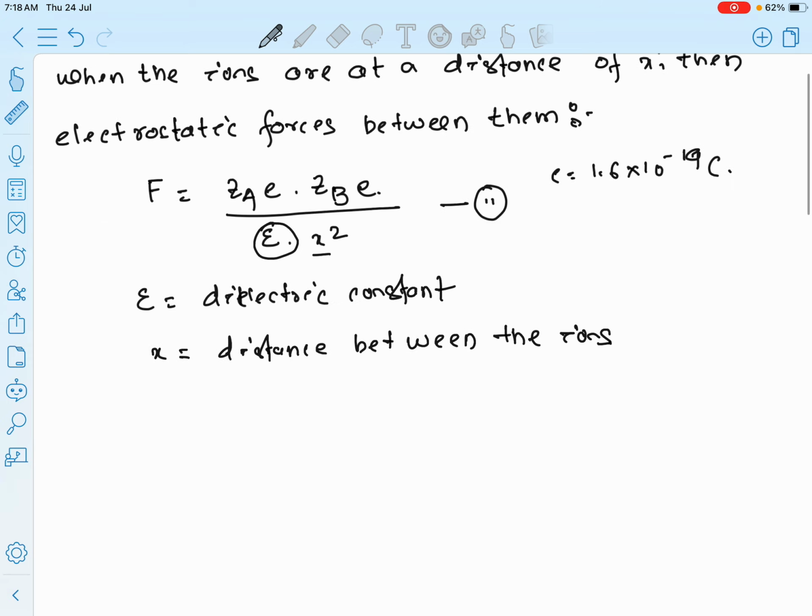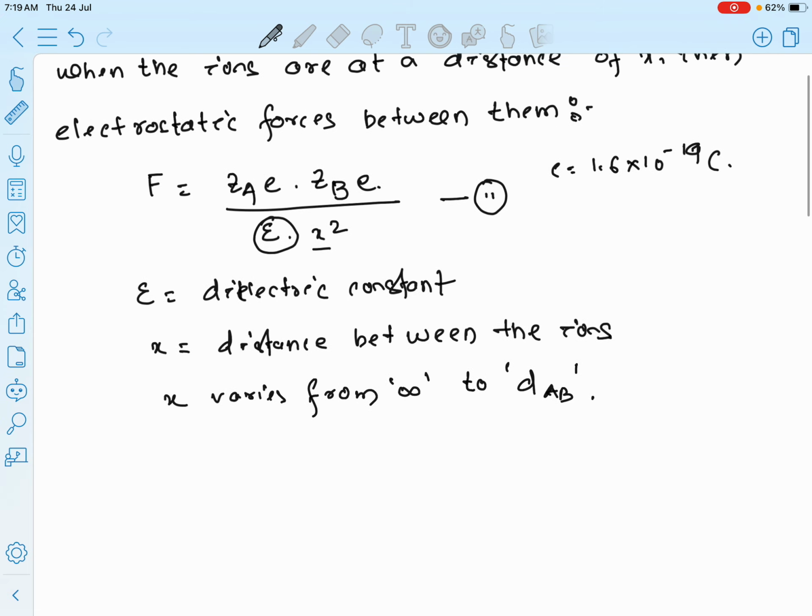Now, what is the variation of x? x varies from the distance at which the ions were present initially. The ions were present initially at an infinite distance, and at the maximum limit they were able to approach a distance of dab, which is equivalent to the sum of ra plus rb.